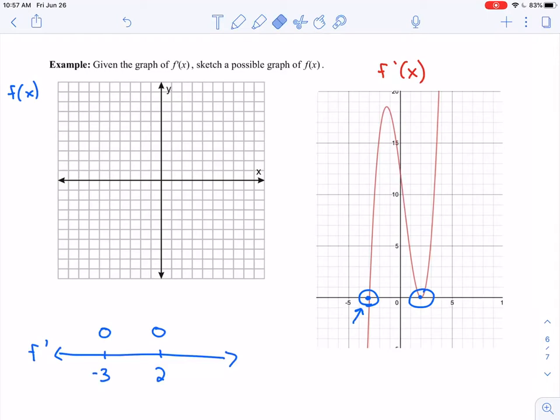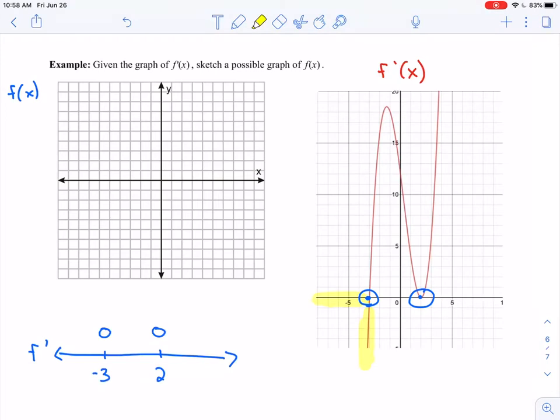So next, I'm going to look at each interval, just like we've done every other time. I'm going to look to the left of -3, only this time I don't have an algebraic equation. I just kind of have to look over here. I have to think about, okay, on the left-hand side of -3, I'm talking about these x values, which correspond to this part of my graph. What's the value of the derivative over there?